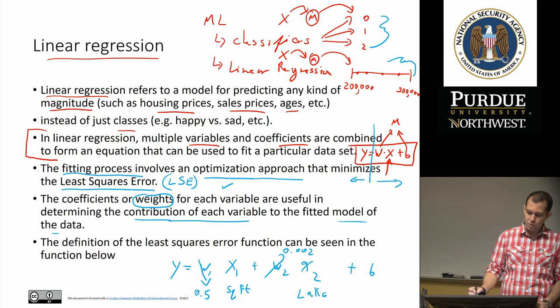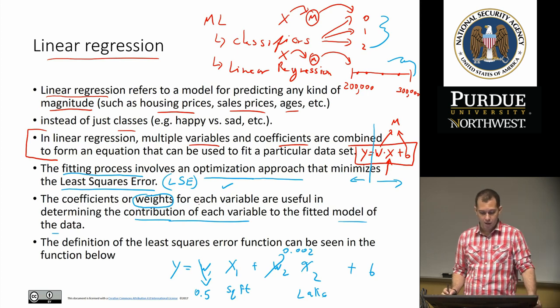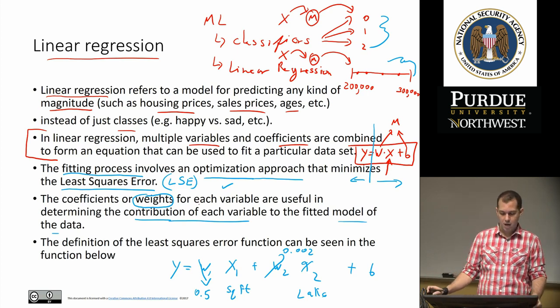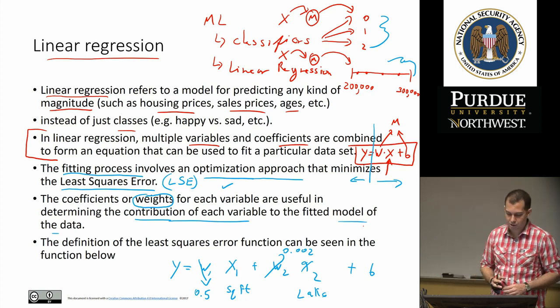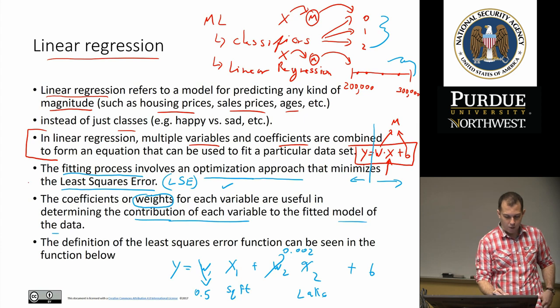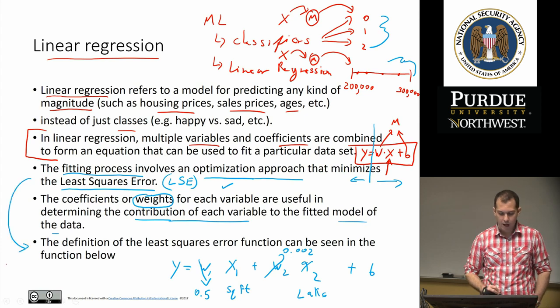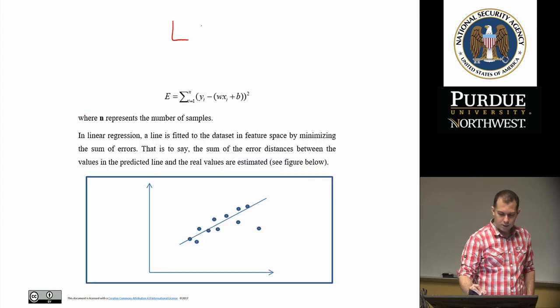So the coefficients or weights for each variable are useful in determining the contribution of each variable to the fitted model of the data. So now that we sort of have this intuition of what linear regression is, let's focus now once again on least squares error. So this is least squares error.